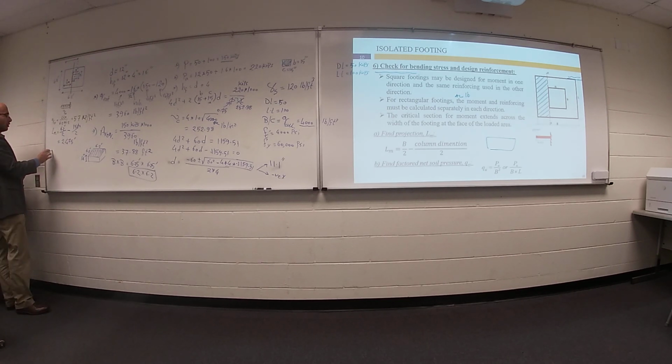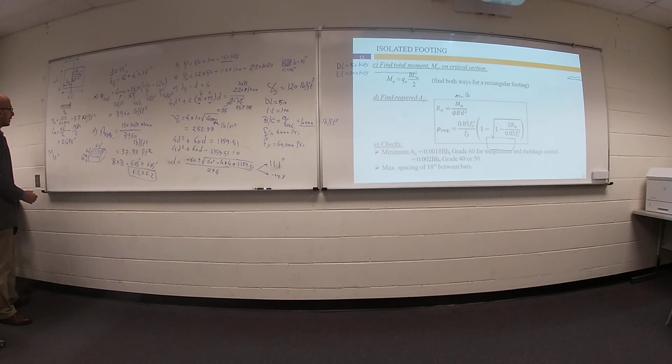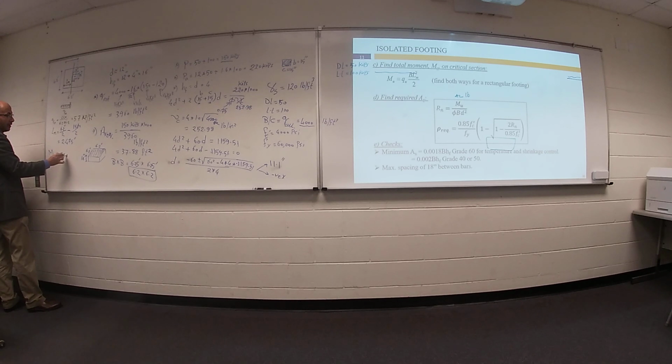Go ahead and calculate your bending moment. Your moment equals your Q ultimate 5.7 times this length squared, divided by 2.